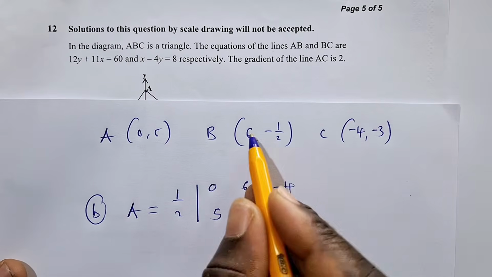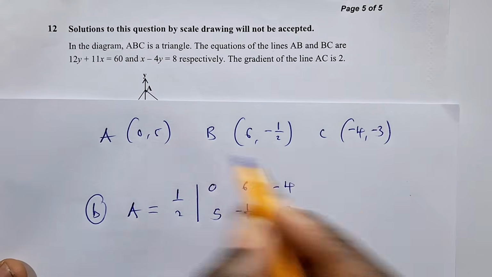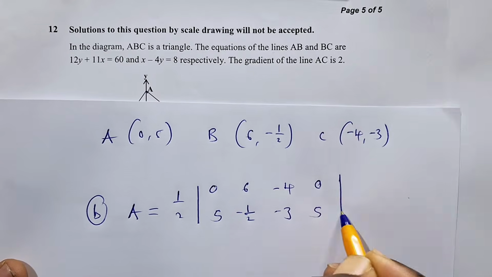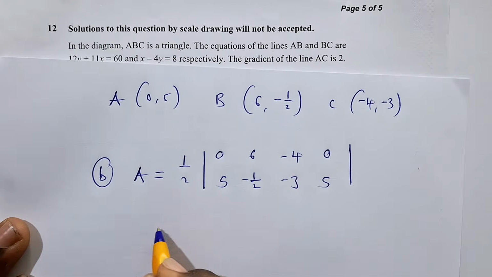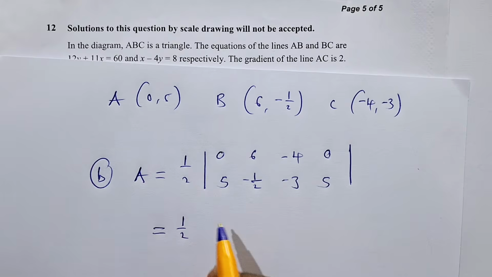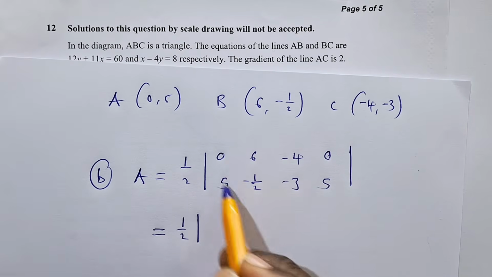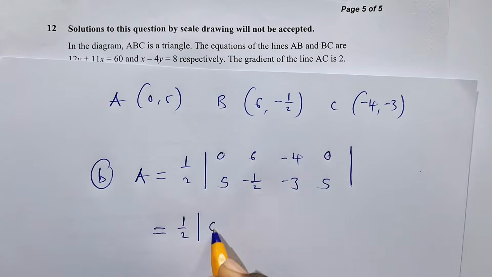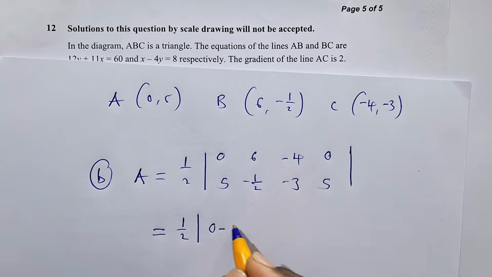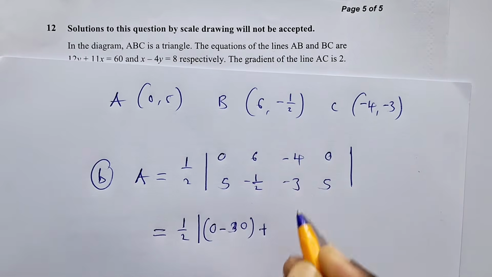So after writing them in column form, we come and get this same one, which is (0, 5). Bring it back. So now from here, we start finding their determinants. So determinant of this set will be 0 minus, here, it will give us a 30. Okay? And then we say plus.